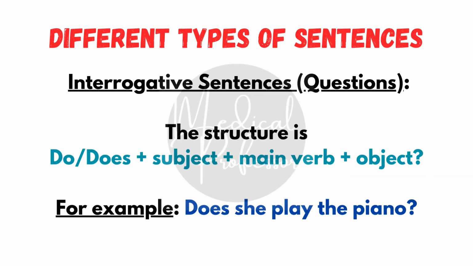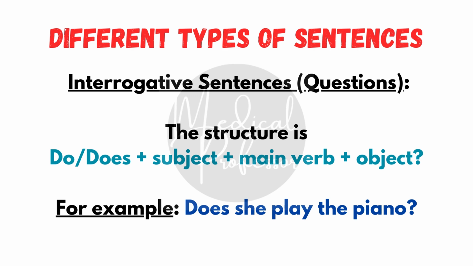Number three, interrogative sentences or questions. To ask a question, we put do or does at the beginning of the sentence. The structure is do or does plus subject plus main verb plus object.